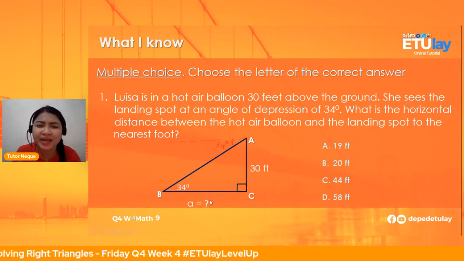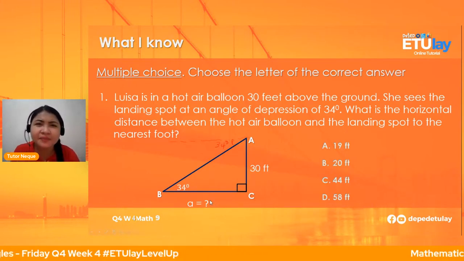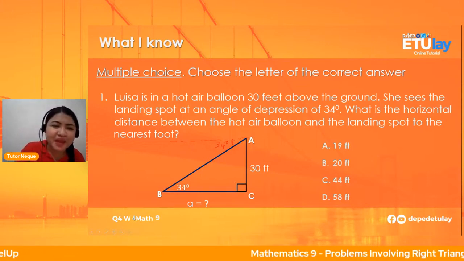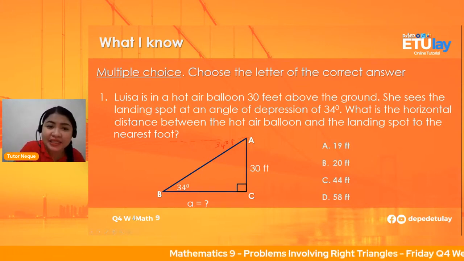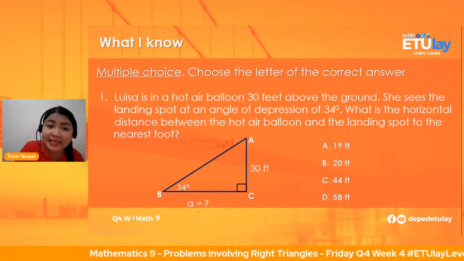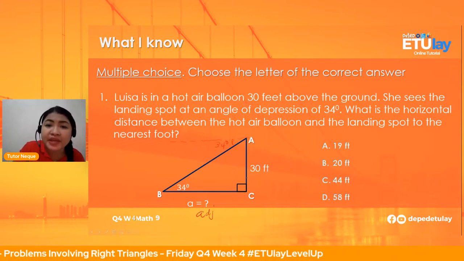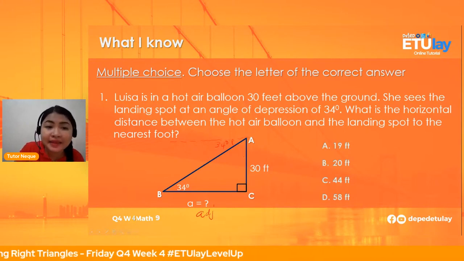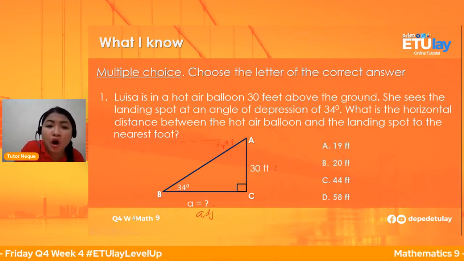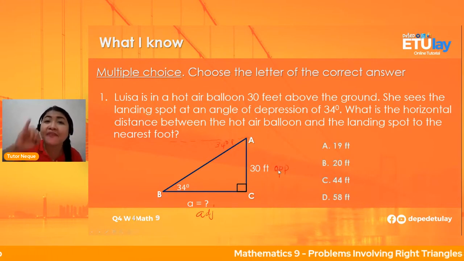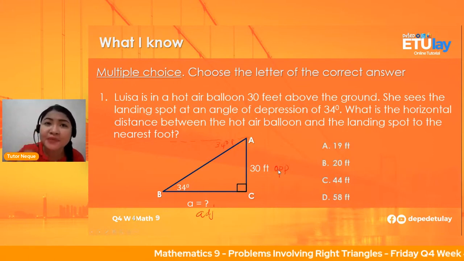Okay, so habang kayo ay naglalagay ng sagot, bibigyan ko na kayo ng clue or ng hint. So, horizontal distance, that is the adjacent side. Then, we have this height, and that is opposite side. What function is involved when we have adjacent side and opposite side?